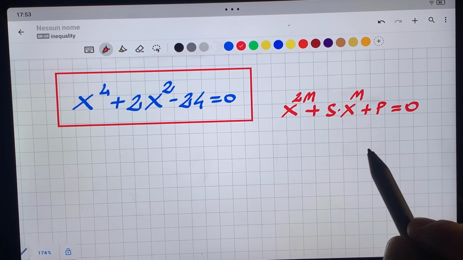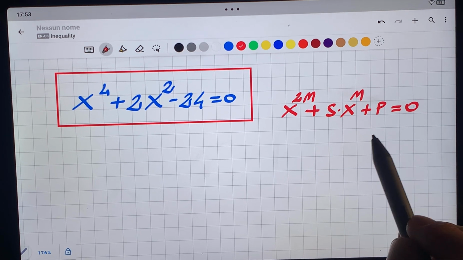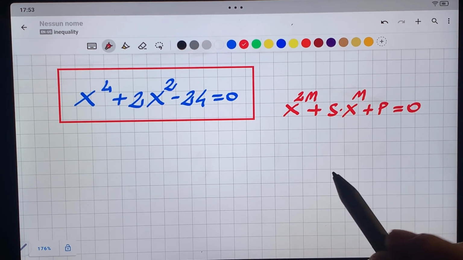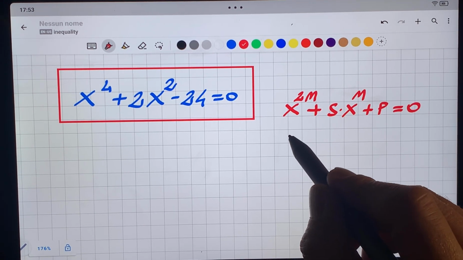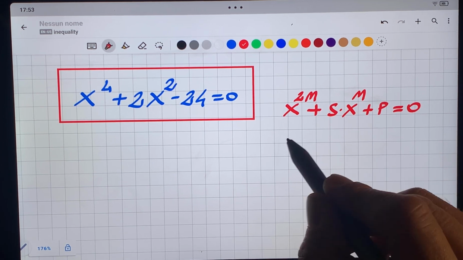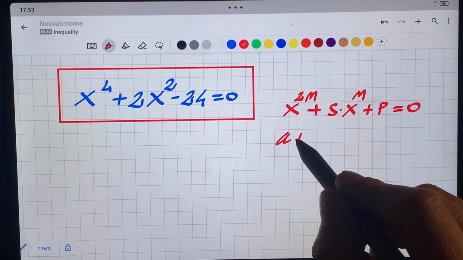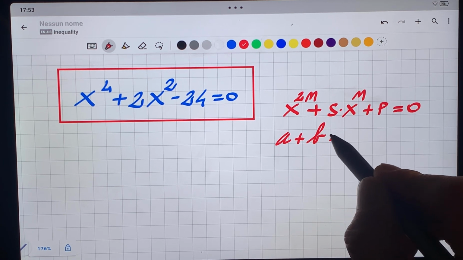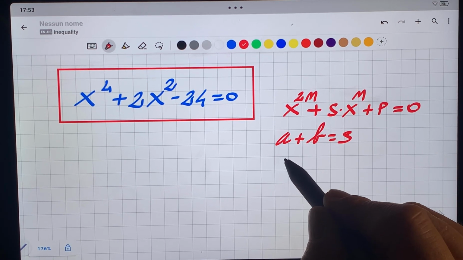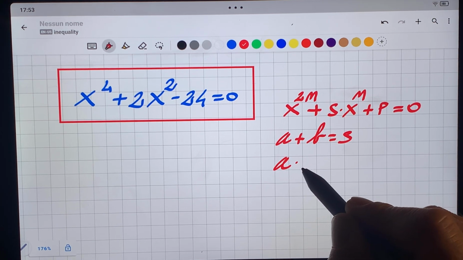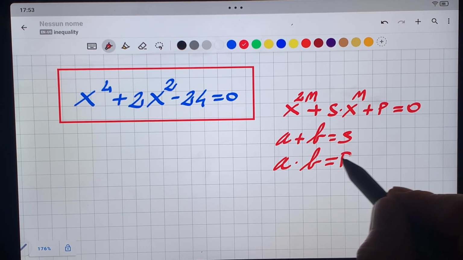We can solve this kind of equation once we find two numbers a and b whose sum is equal to s and whose product is equal to p.